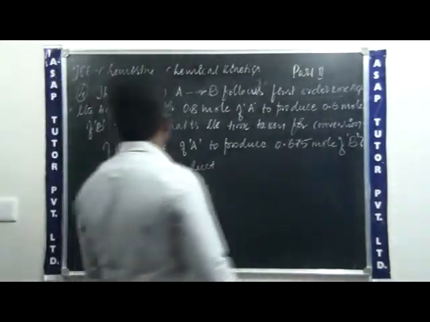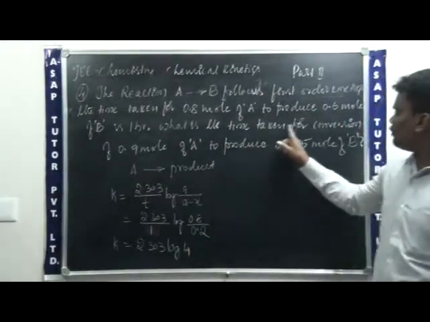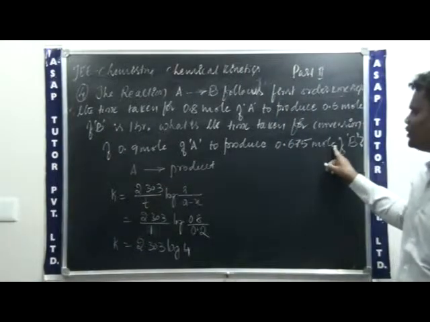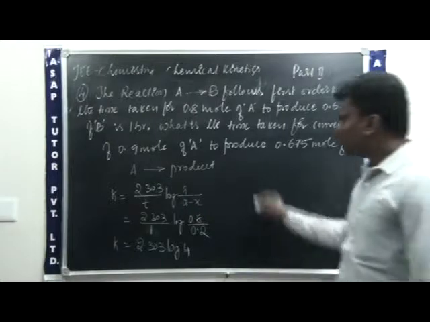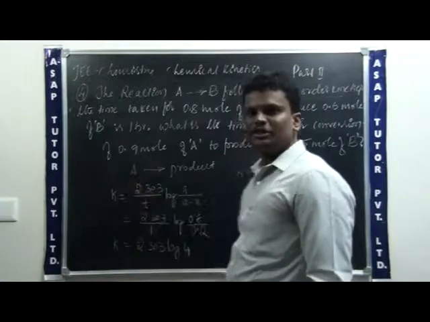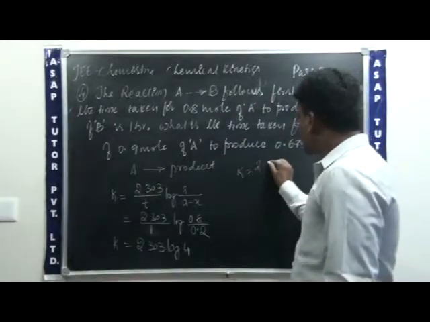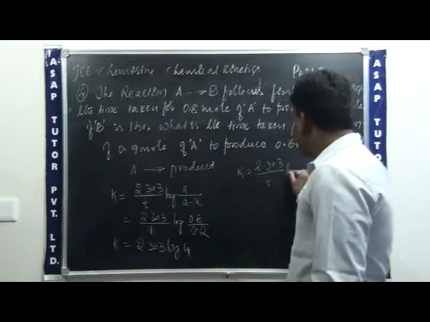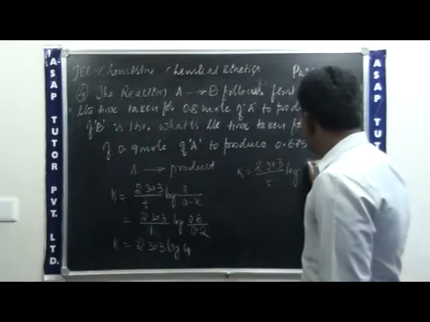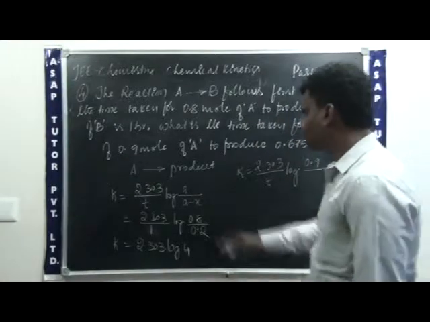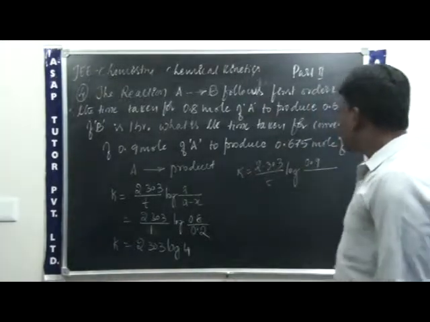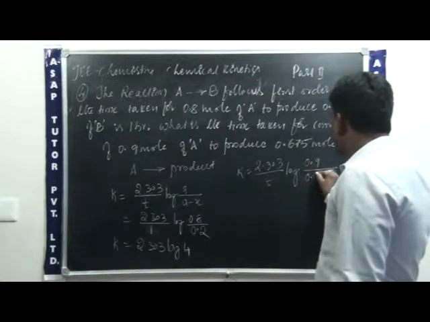For the next, they are asking what is the time taken for the conversion of 0.9 mole of A to produce 0.675 mole of B. Now I'll write the formula. K is equal to, this is for the second condition; the previous was for the first condition. I am deriving the answer for the second condition: 2.303 divided by T log of initial concentration, which is 0.9, divided by the remaining concentration, 0.9 minus 0.675.